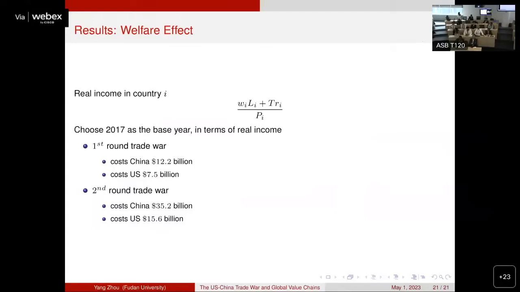Actually, I have one question. Normally we think of rules of origin only in preferential trade agreements, but in this case of a trade war, every other country has preferential access.